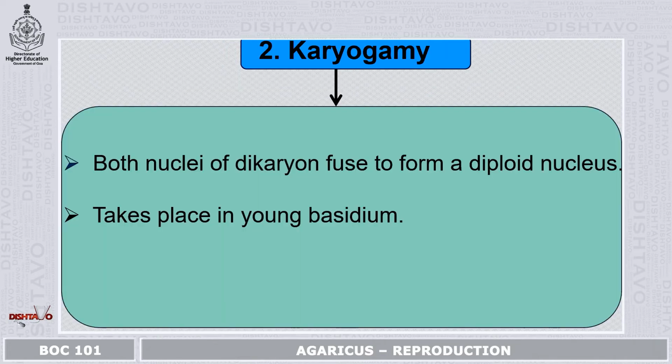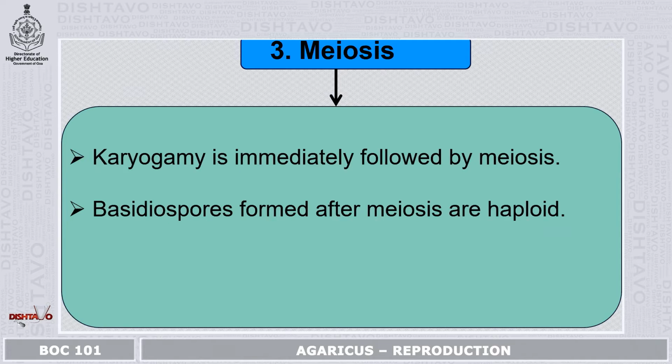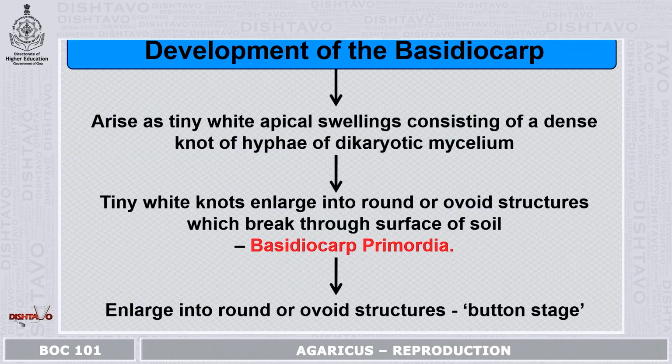So plasmogamy is followed by karyogamy, wherein both nuclei of the dikaryon fuse to form a diploid nucleus, and it takes place in the young basidium. Immediately after karyogamy, meiosis occurs, and by the process of meiosis, the basidiospores are formed, which are haploid in nature.